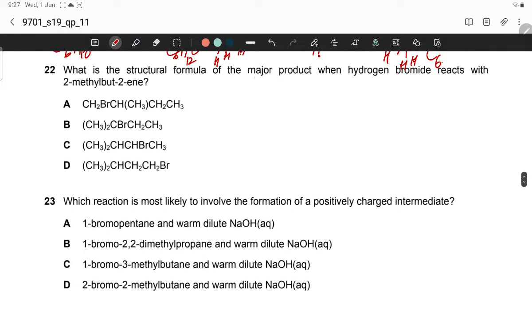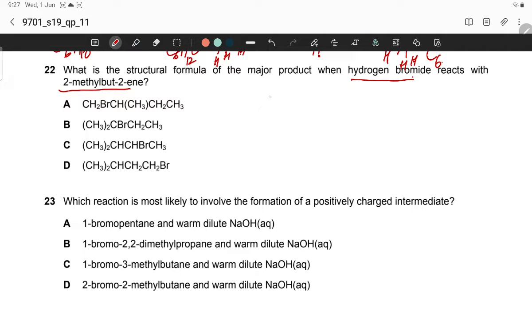Question number 22. What is the structural formula of the major product when hydrogen bromide reacts with 2-methylbut-2-ene? HBr reacts with 2-methylbut-2-ene.